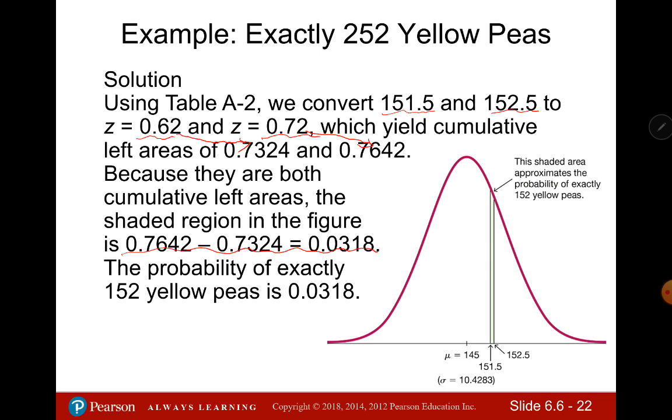This is not the difference between z. We use each z to get a different area, and we get the difference of the two areas. That will be the area of the shaded part. So we know the probability is 0.0318. From the previous step, we get this probability.